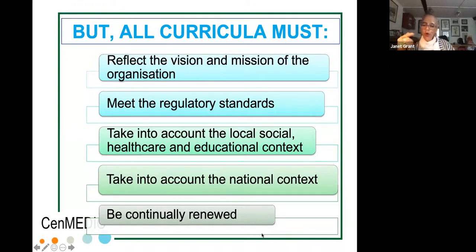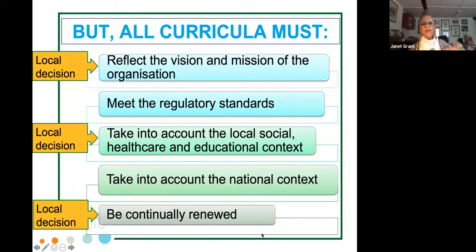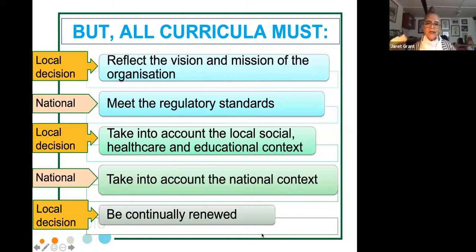And they will all be continually renewed. They will all change their ideas in one way or another about what they should be doing and how they should be doing it. Some of those decisions are local, and some of those decisions are national.